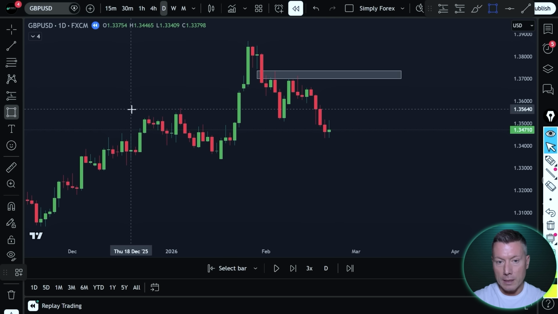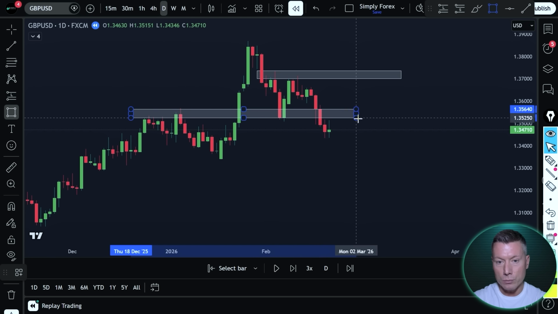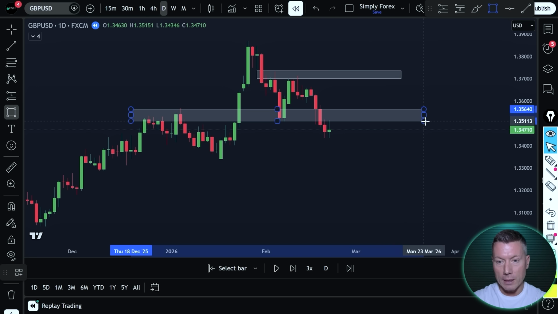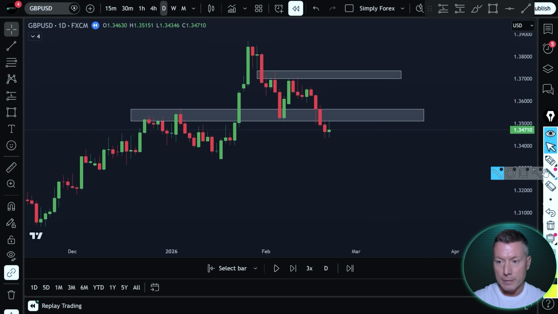So I want to include the high of that candle and come through and include the low of that candle. So I've included this level and I've included these levels over here. So when you're plotting support and resistance, look left to see if it's been a good area for price to react at previously, and this has, right? So that's a good level.